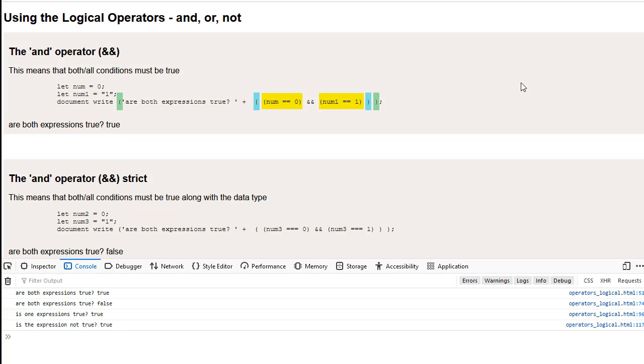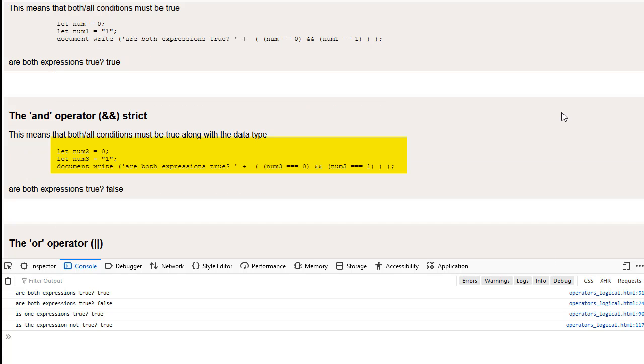This is an example where using these inner parentheses works well to help you keep track of what you're working with in your expression. If I were to use this same code with the strict equality operator equal equal equal, then both conditions would not be true.